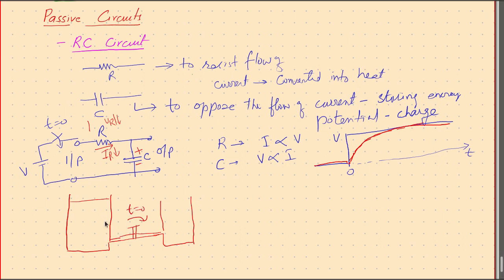and at t equal to 0, we find the height of the water column here is high, the height of the column here is 0. Therefore, you find maximum potential difference between the two ends of the pipe, and hence water rushes into the second tank.